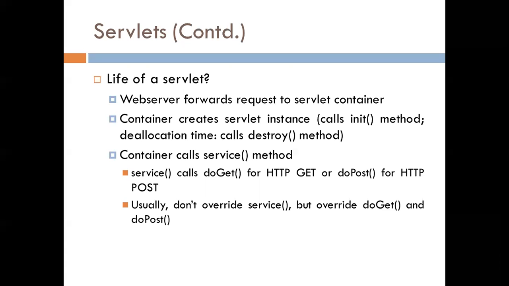When the init method is called, a new servlet instance is created, just like how we create an instance of an object of a particular class. In the same way, a new servlet is initialized and designated to perform the activities based on the request.